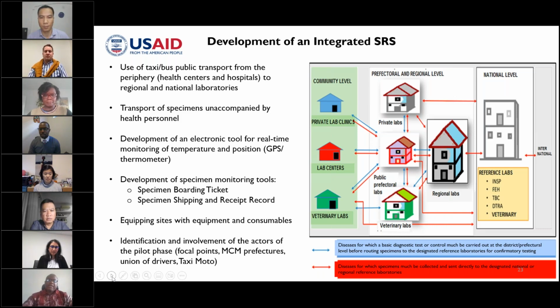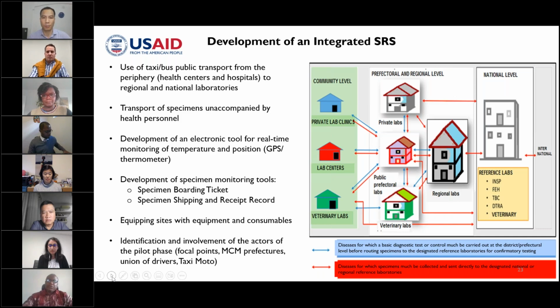So based on the existing SRS system, IDDS considered the following in the design of the integrated system that we piloted. First, to have an integrated transport system that brings together all vertical programs and existing parallel transport systems in the country. Secondly, transport specimens accompanied by a healthcare worker via public transport.